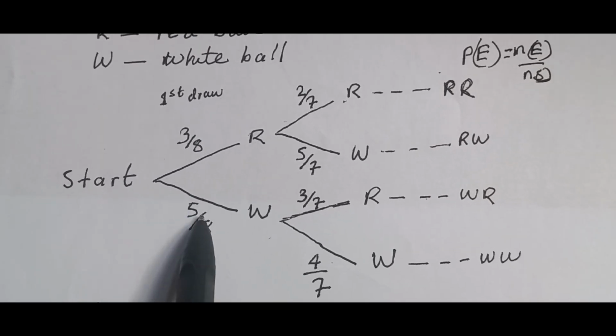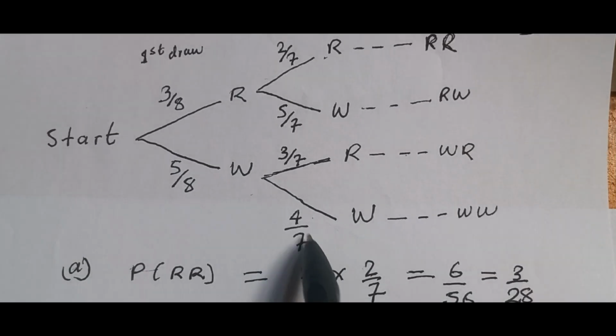In the first draw we have 5/8, the second draw we have 4/7.